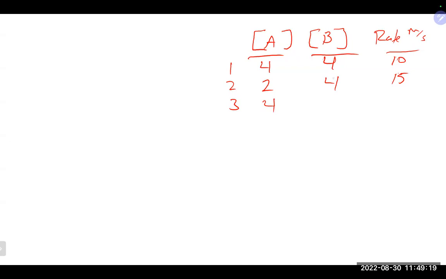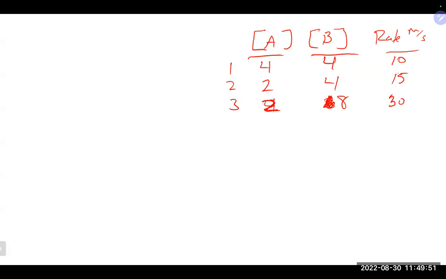Actually, that's a bad example for 4, so let's go with 2 on this one. 2 and 6 here. Actually we'll do 2, 2, not 6. Let's do 8. And we'll have a rate of 30, for example. So these are typical numbers, though obviously you usually won't get whole numbers, but you'll have a table that looks something like this.